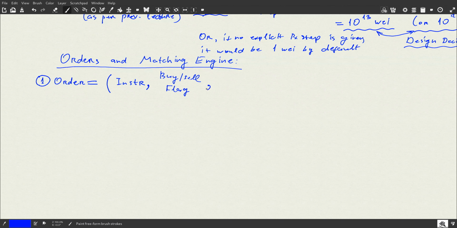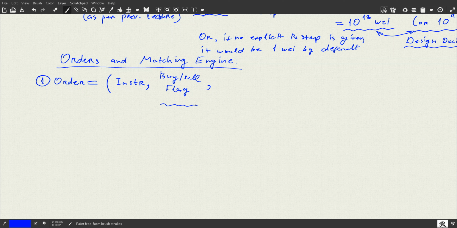It can be simply a Boolean, where, for example, buy is 1 and sell is 0, or it could be a character BS or whatever. So it is your choice how to represent this, but the direction of the order really needs to be specified, what we are going to do, to buy this instrument or to sell this instrument.